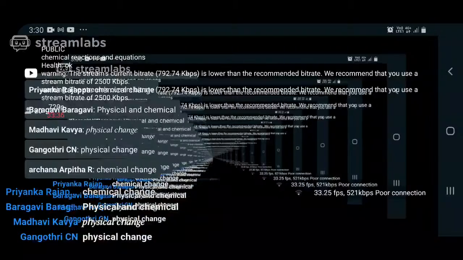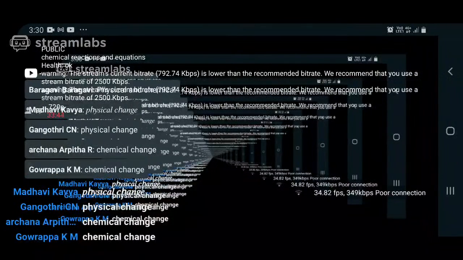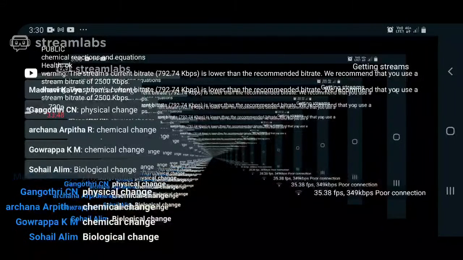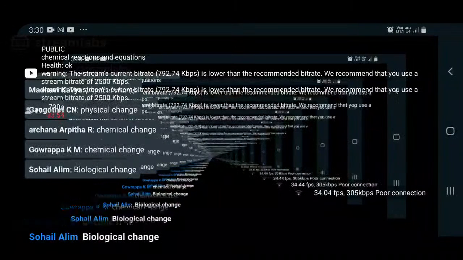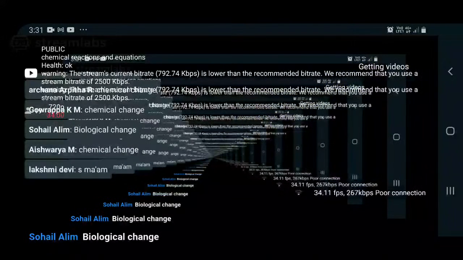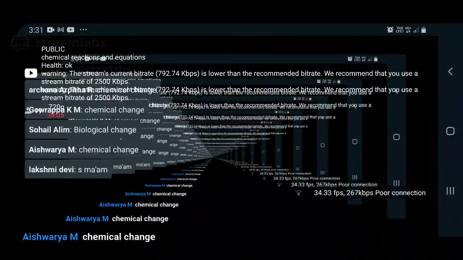Okay, all of you cleared? Any reaction where the reaction is not reversible is called a chemical reaction. Burning of paper changes it into ash, and the ash cannot be converted back into paper. Definitely that is called a chemical change, not physical.